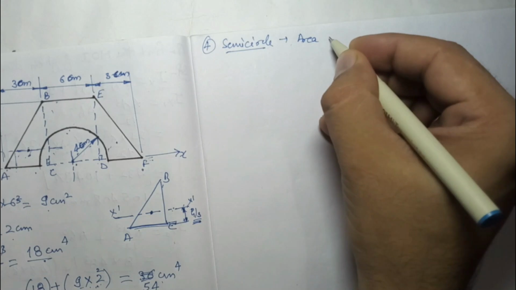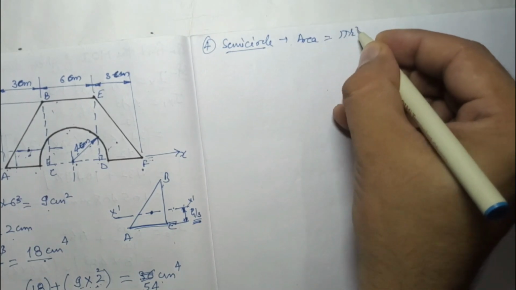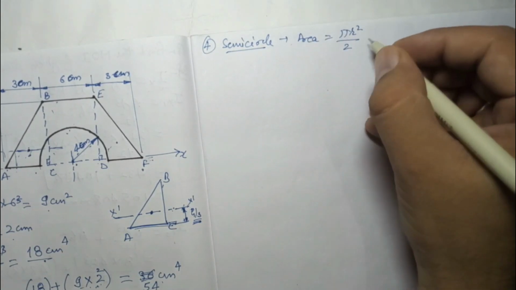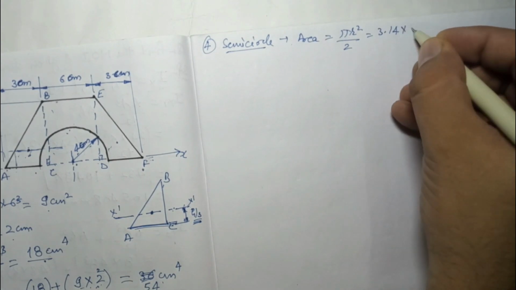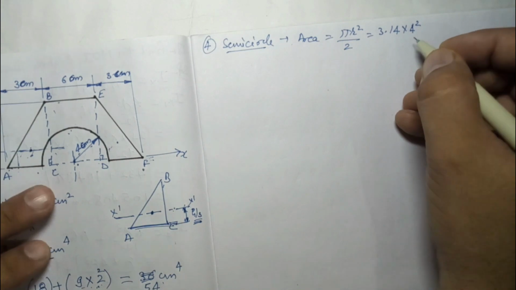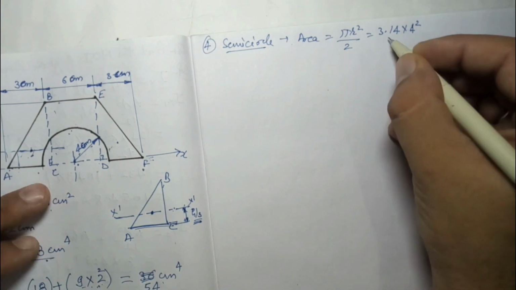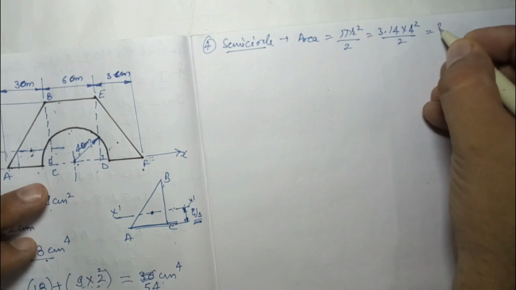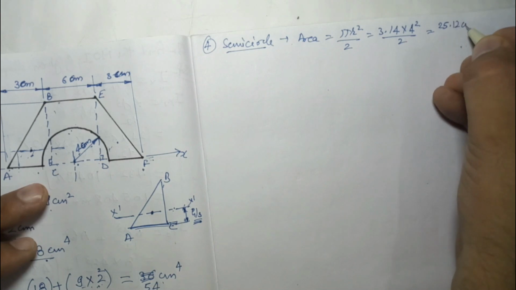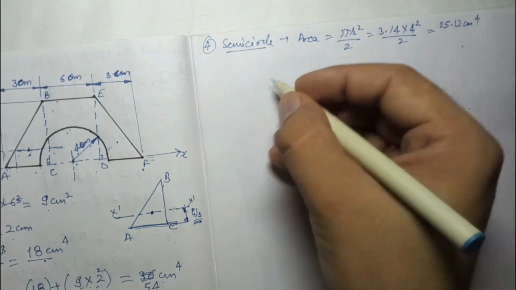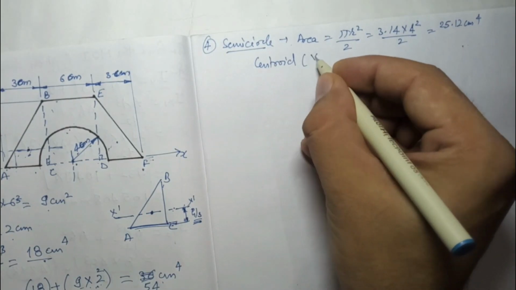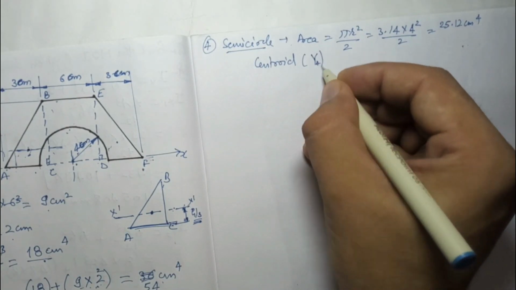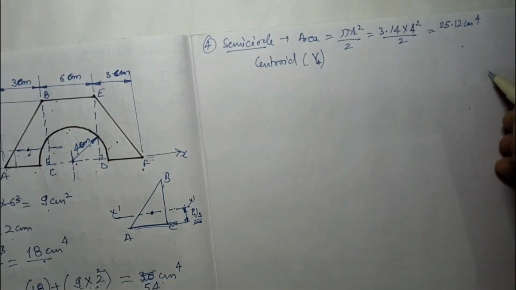Now the area of the semicircle: for the complete circle we have pi r square, for half of the circle that is divided by 2, so this is 3.14 into r square, radius is given as 4, so 4 square divided by 2, that is 25.12 centimeter square. Same way we can find the centroid for the semicircle.